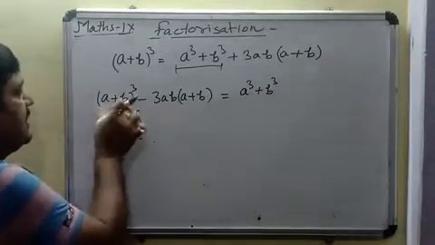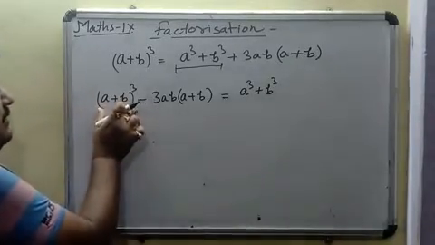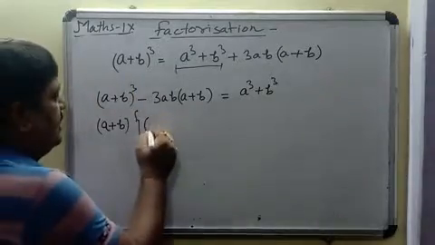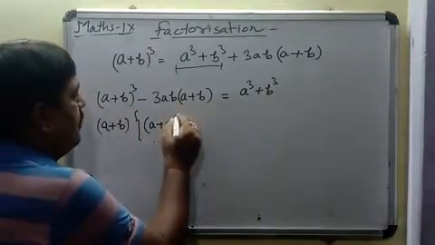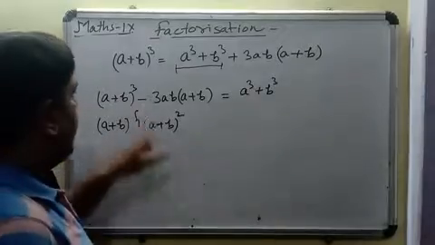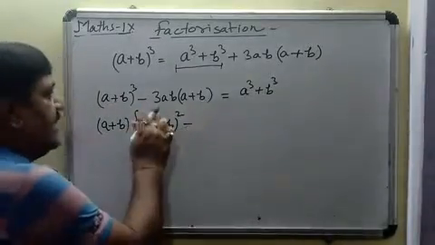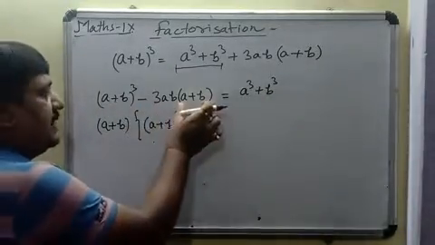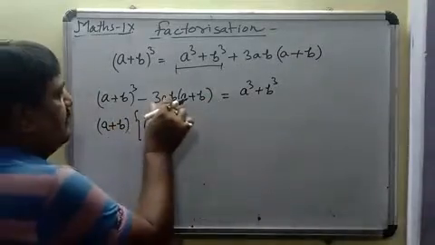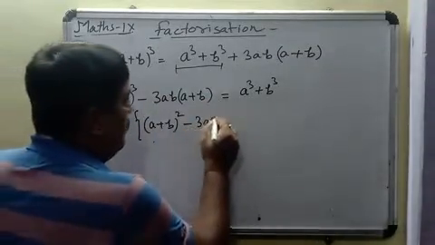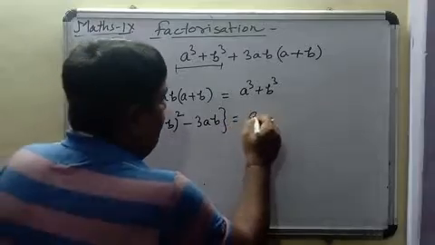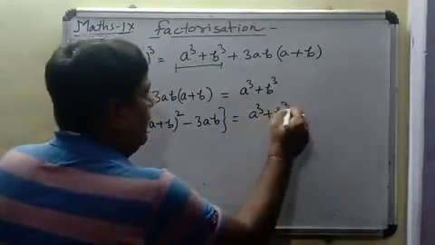Then what is left? (a + b) will be left 2 times, that means (a + b) whole square is left with us. Minus sign will be there, and 3ab. (a + b) has gone as a common, then 3ab will be left with us, and that is equal to a cube plus b cube.